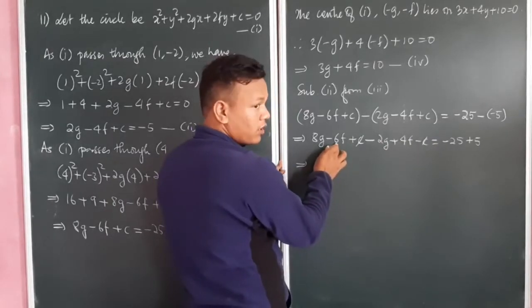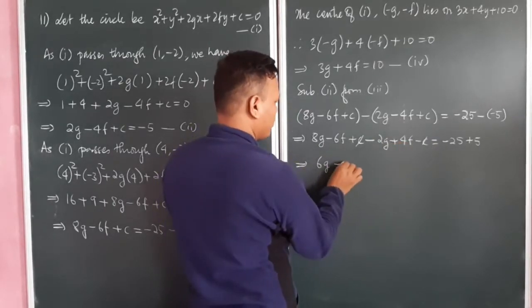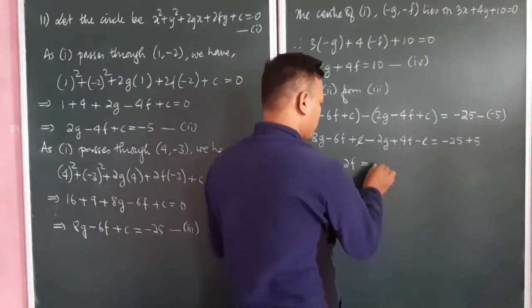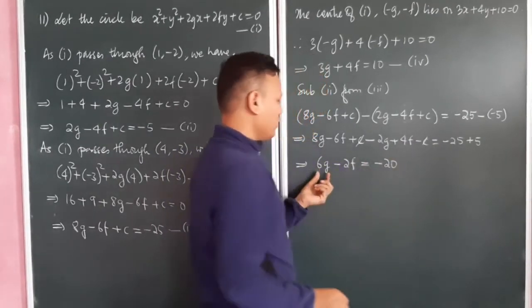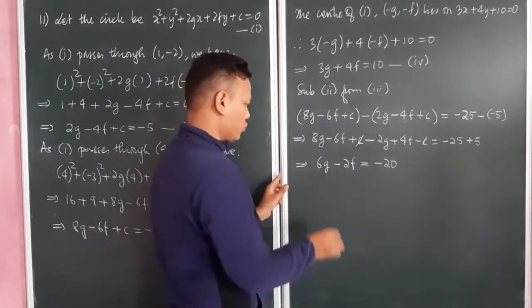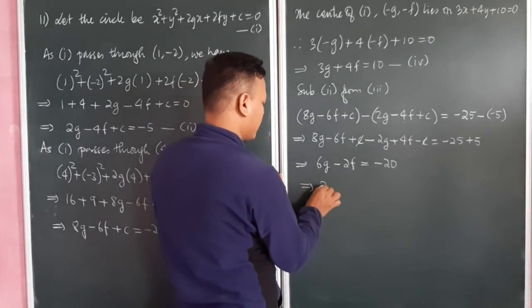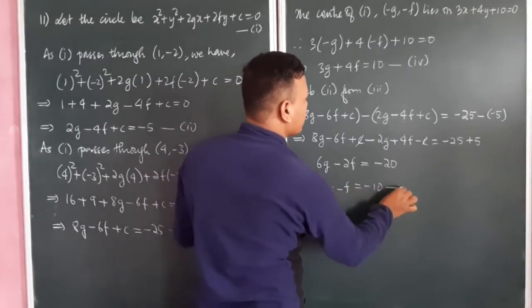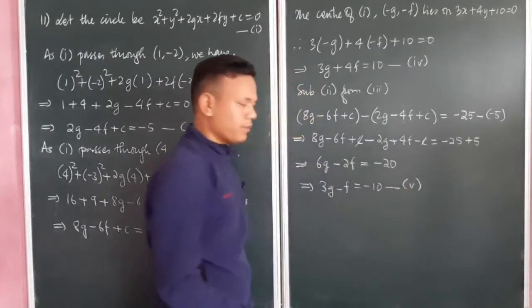Minus 6f plus 4f is minus 2f, equals minus 20, isn't it? Now we can divide both sides by 2, and we arrive at 3g minus f equals minus 10. Let me call this equation number 5.